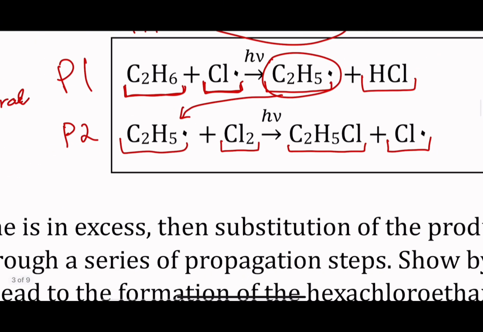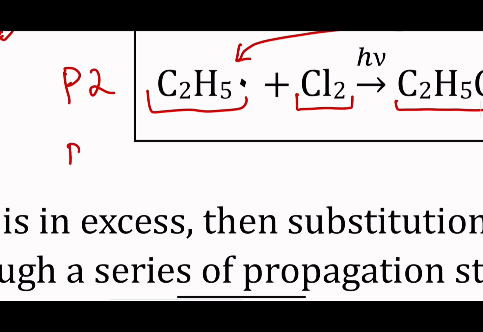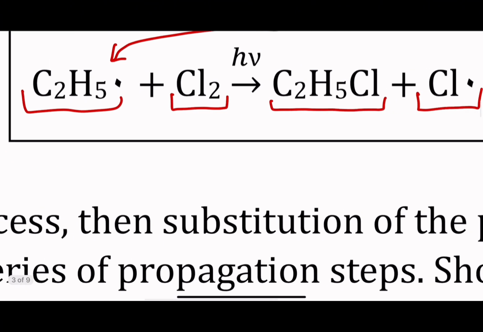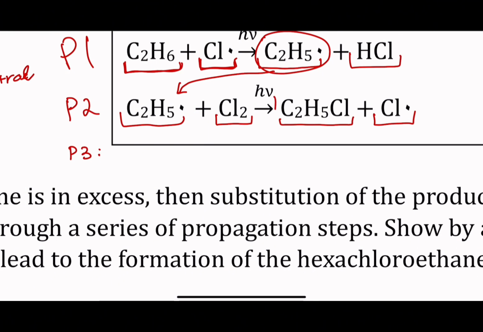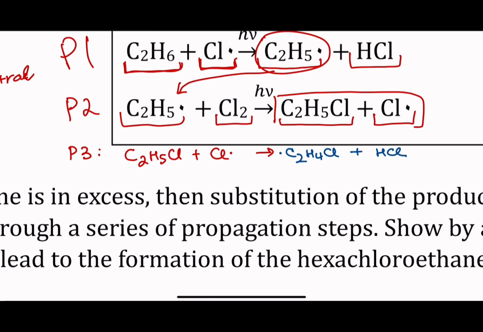Okay, now you're curious about the P3, so P3 goes like this. In the P3 we take both of them and literally write it back in here again. So compound with a radical reacts in here. So this chlorine radical takes the hydrogen again, so C2H4Cl radical, and you made hydrochloric acid again.